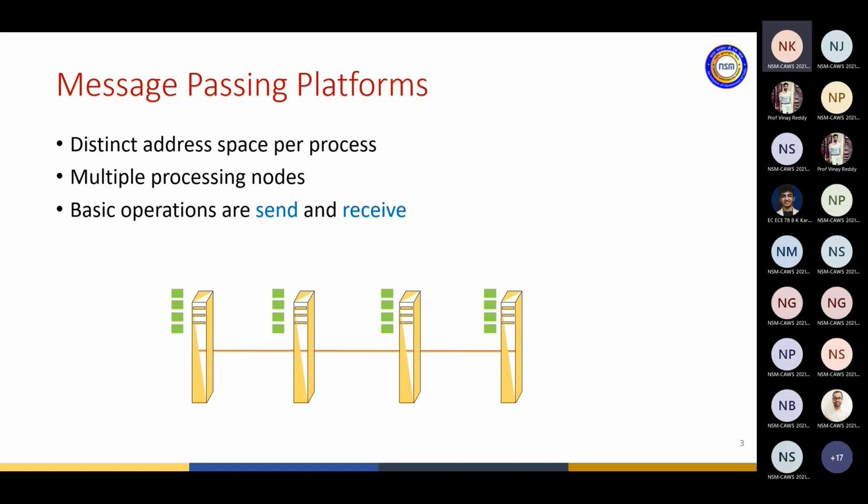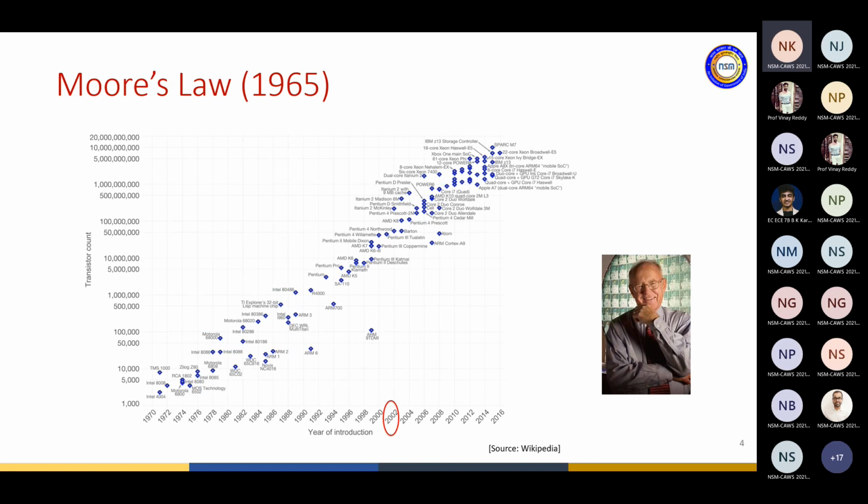Okay, this is something that you already know about. Gordon Moore was the co-founder of Intel. He predicted that the number of transistors in a chip will double every 18 months, and that kept being true for quite a long time. Today people are talking about the post-Moore era.